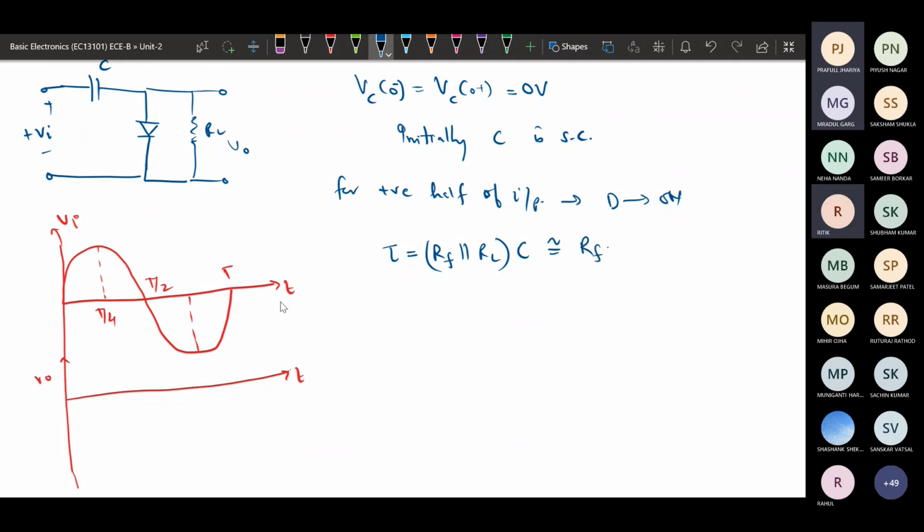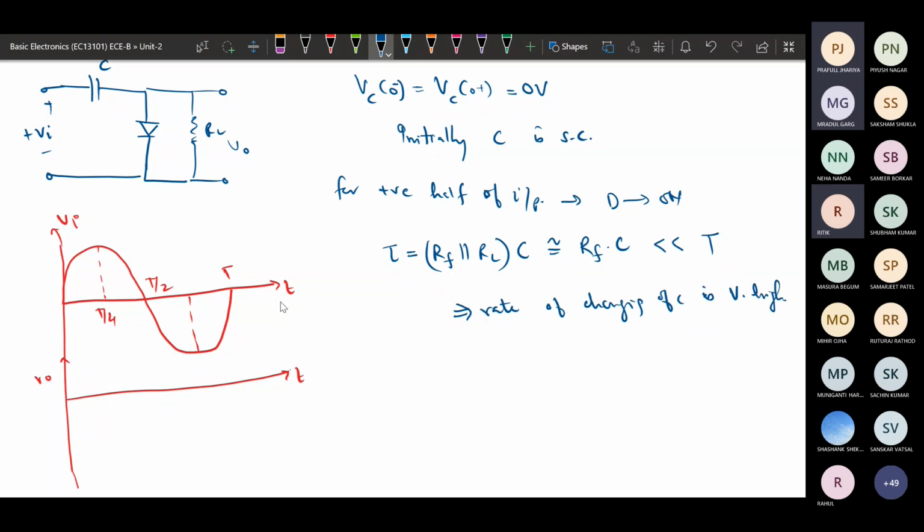So it is RF multiplied by C. This is very much less than the time period of the input waveform. Therefore the rate of charging of the capacitor is very high.